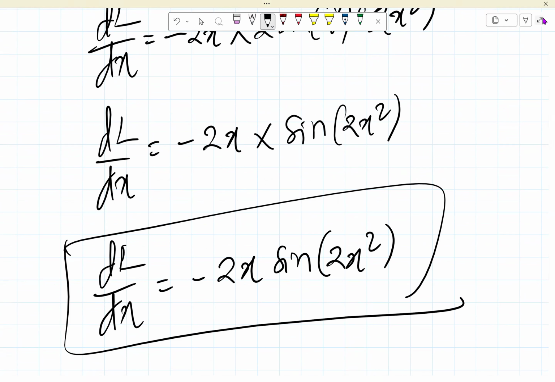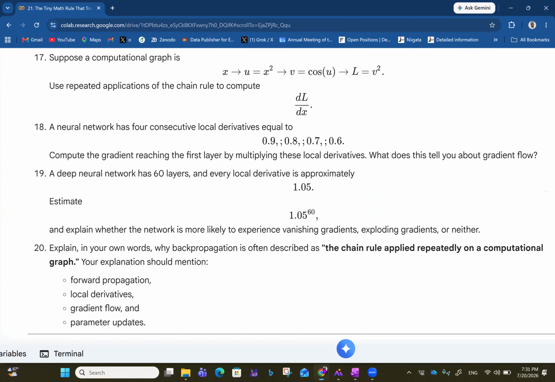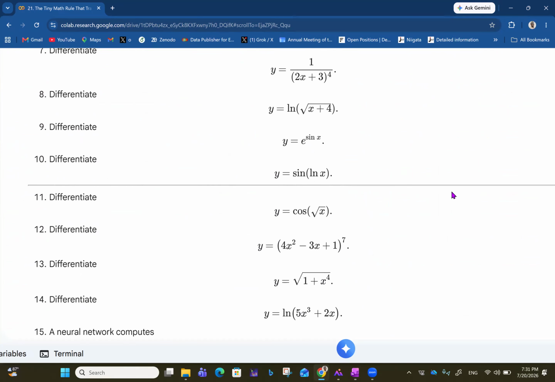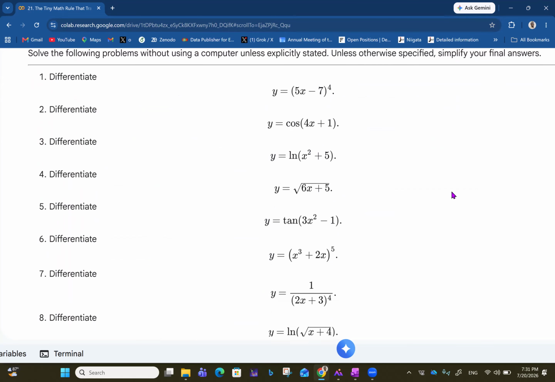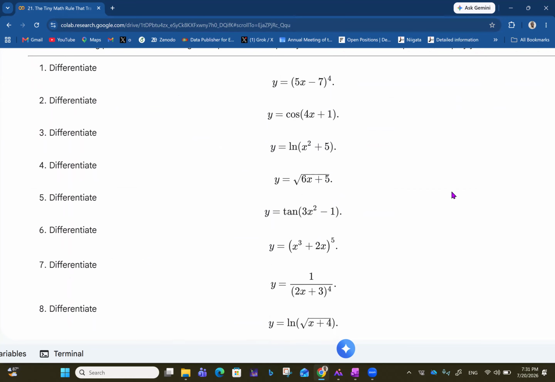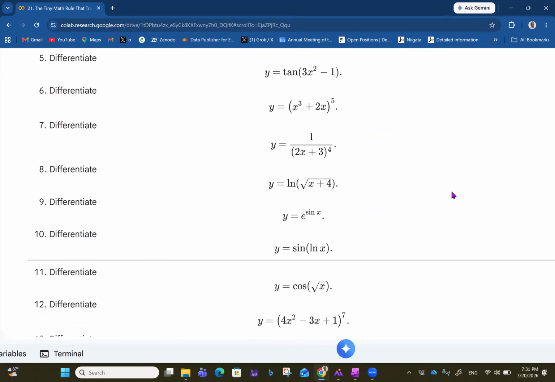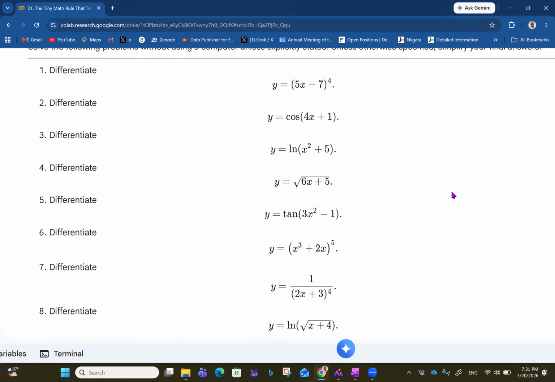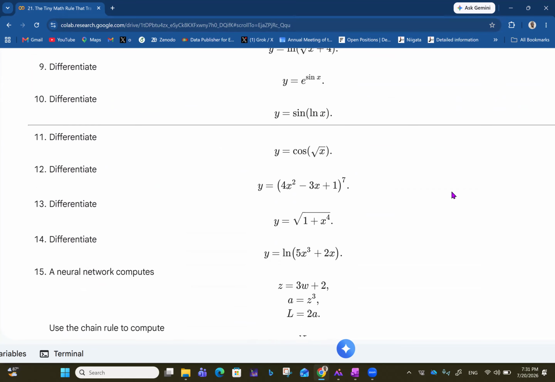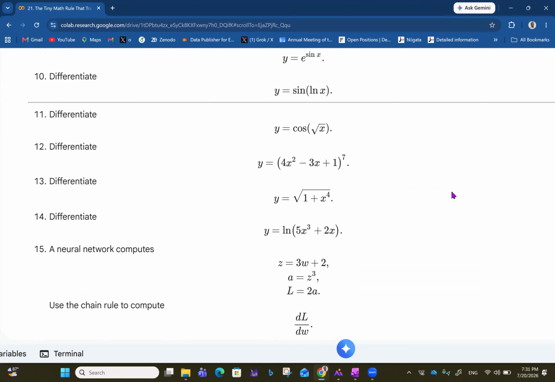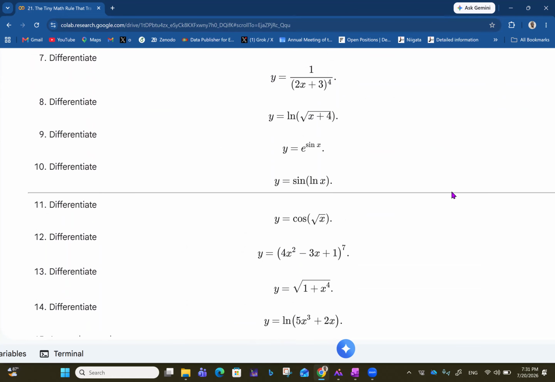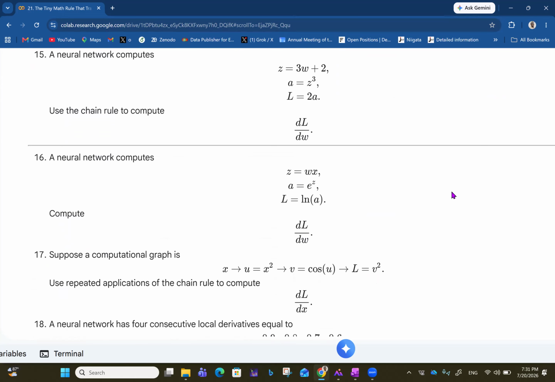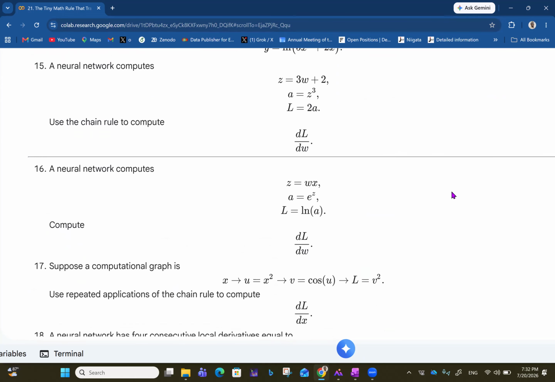And on that note, we are done with that. I'll flash the problems again, and we call it a day. Here are the practice problems: you can see problems 1 to 8 clearly, then 9 up to 14, and then 15, 16.